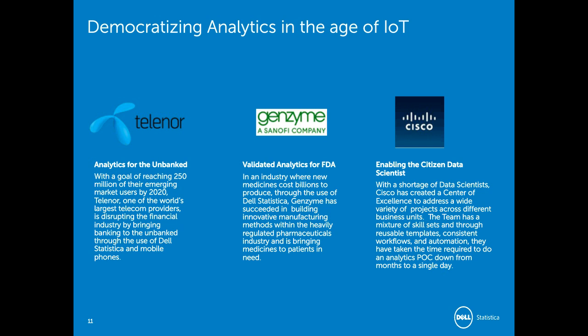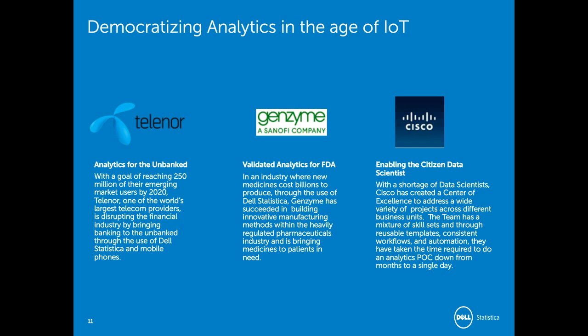It shows that this analytics platform, you can manage and distribute analytics anywhere in the world. The next one, Genzyme, I mentioned they had 70,000 sensors and 100 million points of data, and that's very complex streaming data, and they're empowering their engineers to make smarter decisions in their manufacturing processes.